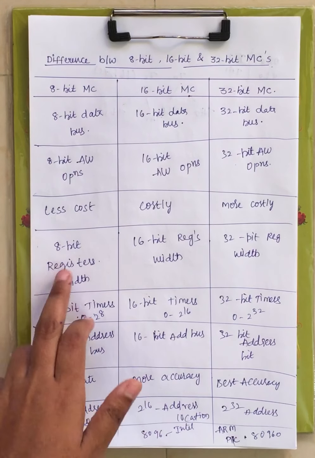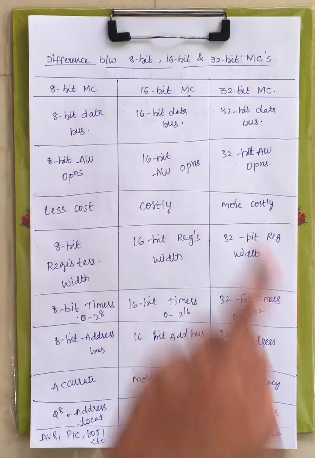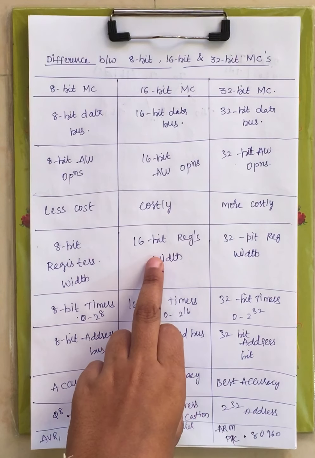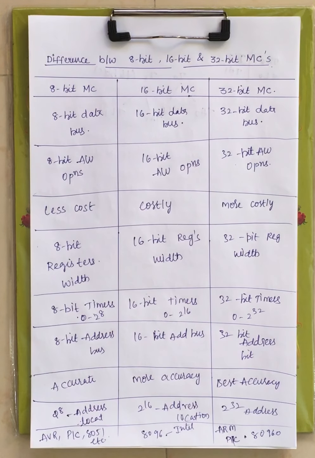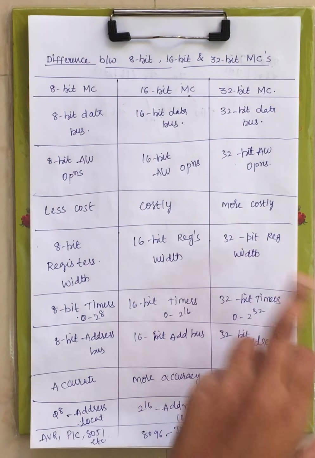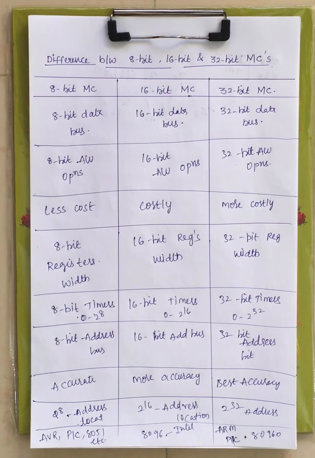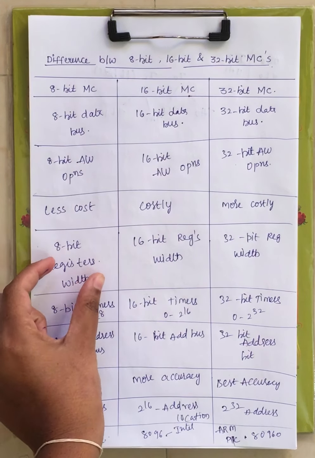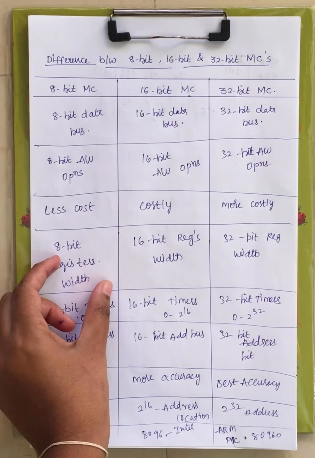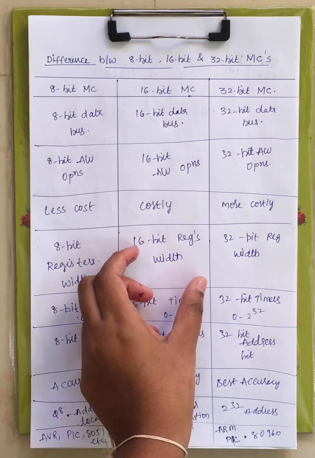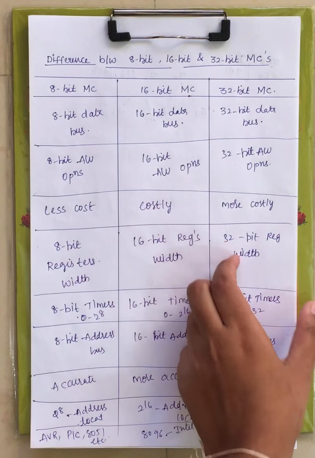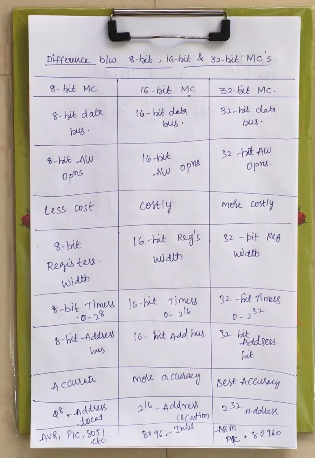That's why it has 8-bit registers. The 16-bit microcontroller contains 16-bit data, stored in 16-bit registers. The 32-bit microcontroller contains 32-bit data, stored in 32-bit registers, right? So register width is 8-bit, 16-bit and 32-bit respectively.